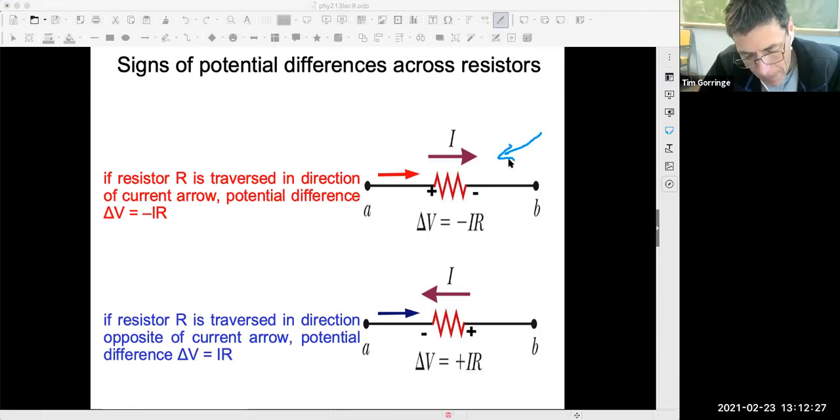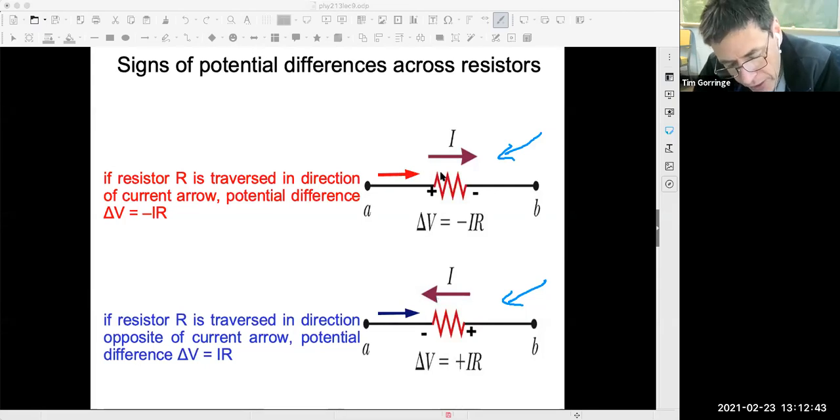Upstairs here, the current through this resistor is flowing from left to right. And downstairs here, the indicated current is flowing from right to left. So upstairs here, I'm walking in the direction indicated of the current flow. Downstairs here, I'm walking in the direction opposite the current flow.